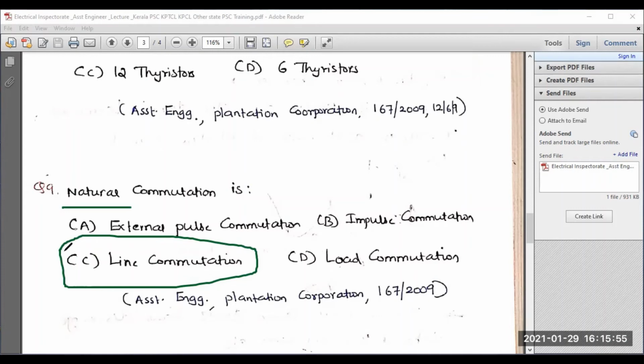There are different methods: natural commutation and forced commutation. Natural commutation is also known as line commutation, so I can go for option C. External pulse commutation, load commutation and impulse commutation are supplementary methods. We use some auxiliary methods to turn off an SCR, but line commutation is what happens normally. So that is regarding question number 9.